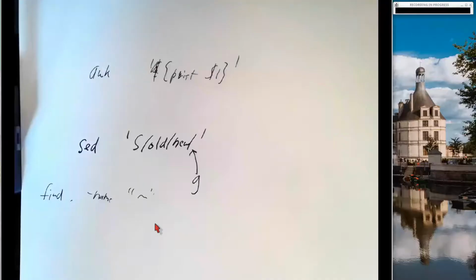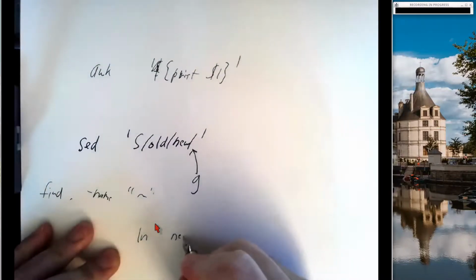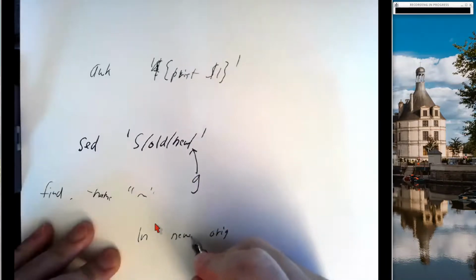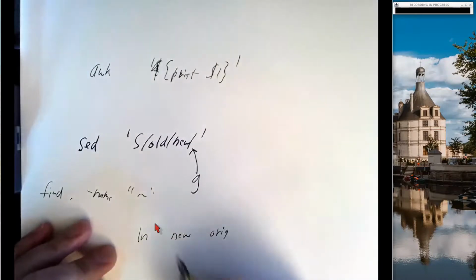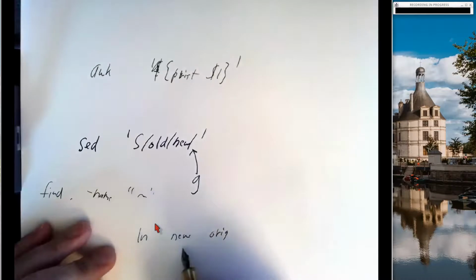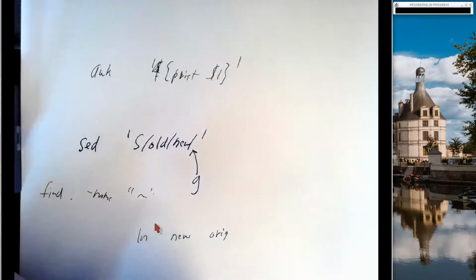ln was the command for making links, and the basic structure is ln new and original, and this sort of violates this seeming protocol for bash commands of having like a source and a destination, or an old and a new. Here we say link this new file to some original file, and this becomes a symbolic link for that. I'm feeling like I have that backwards.